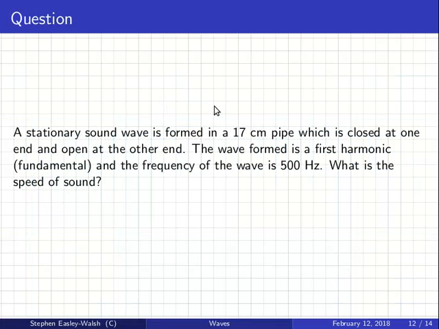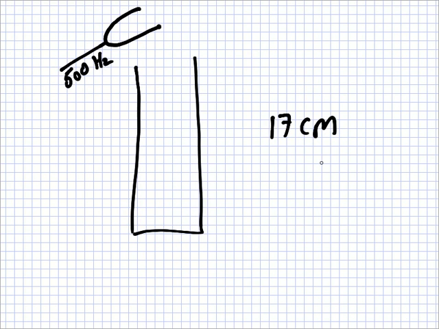Okay. And the first harmonic is formed. So how much of the wave do I fit inside here? For this one it's a quarter, isn't it? Yeah, so I'll draw a quarter wave here. Whoa, okay, that's not quite a quarter wave. Yeah, and this is vibrating like this here, making the pipe resonate.